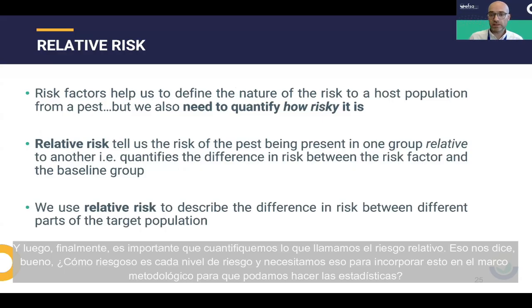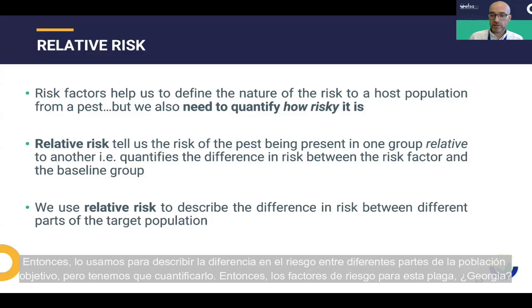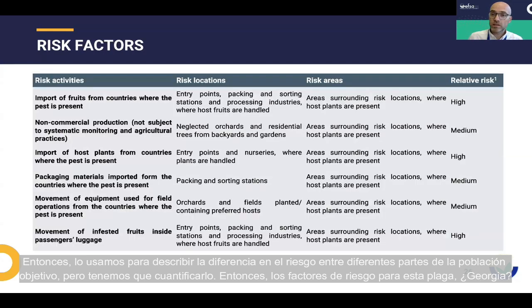So the relative risk tells us about the risk of the pest being present in one risk group compared to the rest of the population, basically the baseline. So we use it to describe the difference in risk between different parts of the target population, but we've got to quantify it. So the risk factors for this pest, Georgia?